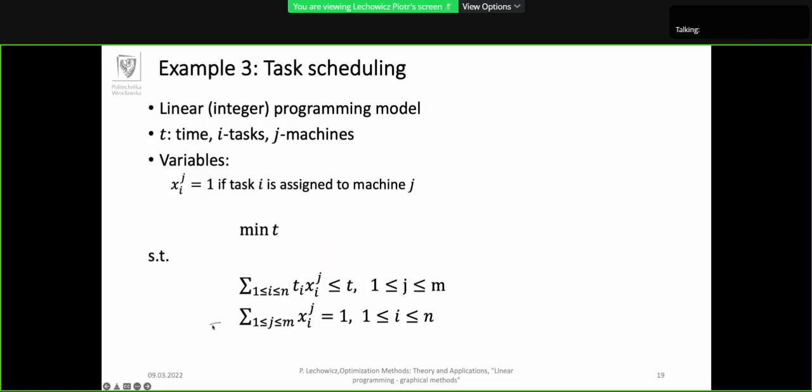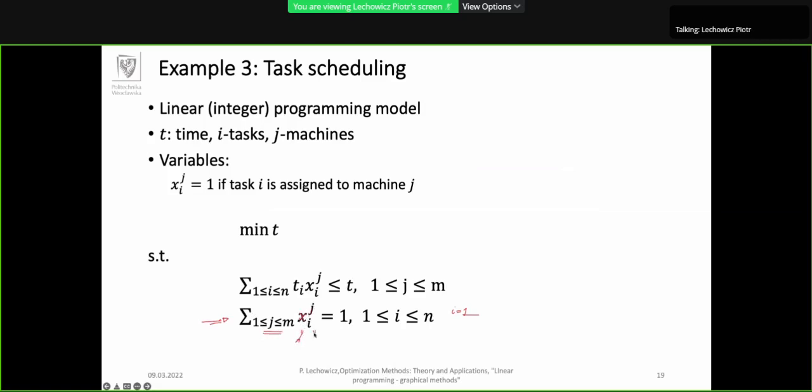And we have another constraint. It determines that a given task is assigned only to one machine. So we are repeating this for each task. For example, we are considering a first task, and we check each machine, and we are checking if a given task is assigned to this machine. If it's assigned to this machine, it's equal to 1.